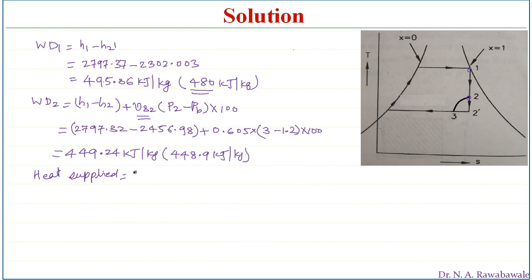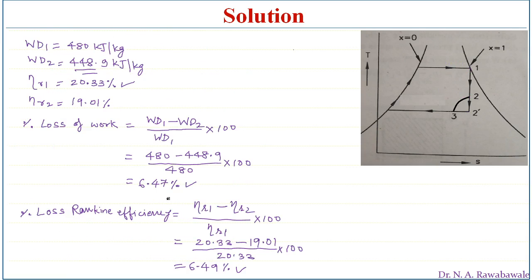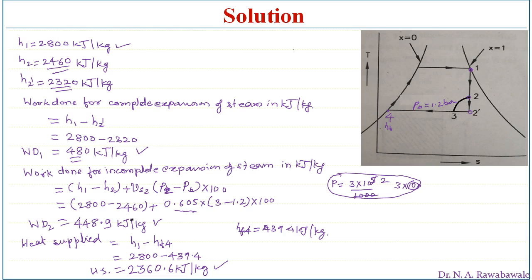Again here, h1 minus hf4. Already we know that h1 is 2797.7 minus hf4, the same value that we have from the steam table. hf4 is 439.4.